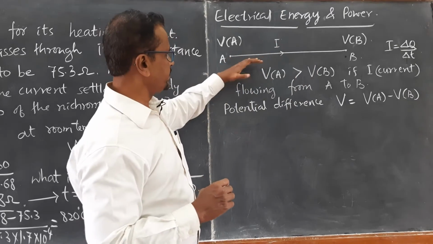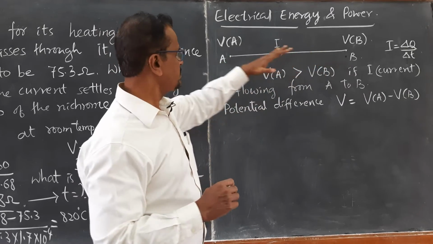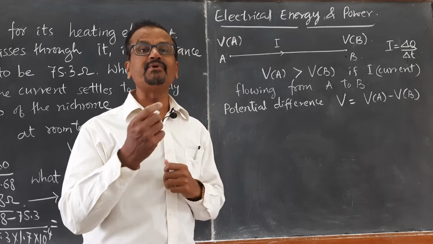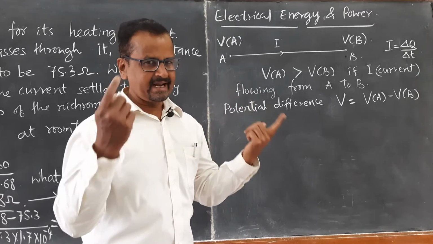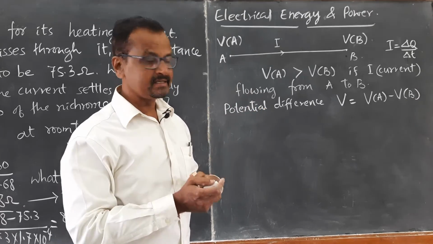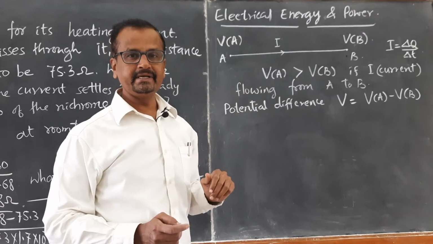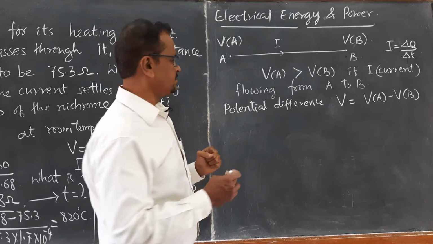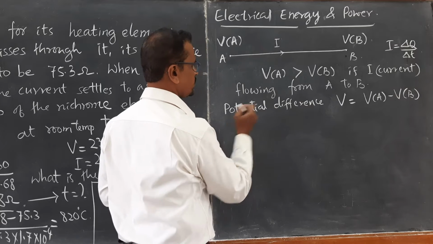If I calculate the amount of charge that has flown from point A to point B, I can calculate the difference in potential energy. Once I calculate the difference in potential energy, then I can go for estimating the electrical energy during the transit of these charges, right? So potential difference, I got it.